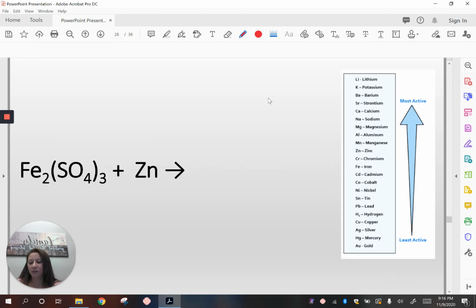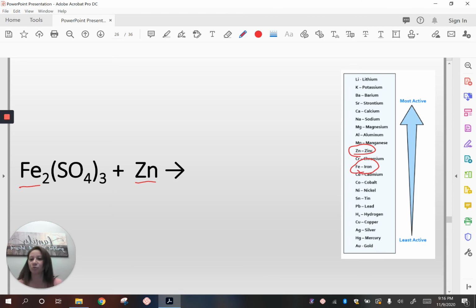Okay, let's try this one. Pause the video and then play it when you're ready. So zinc is the element by itself. It's a metal, so we're going to compare it with the other metal, which is iron. And you find it on the activity series here. So let's see if we can find zinc and iron. Iron is right here. Zinc is right there. So it looks like zinc is more reactive. Is it already in a compound? Nope.